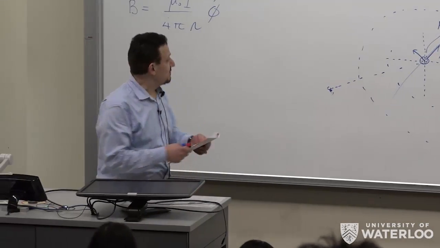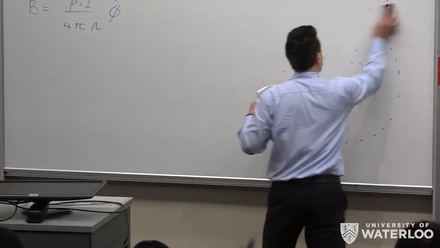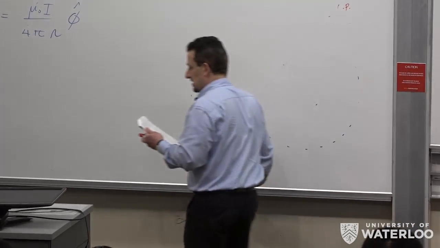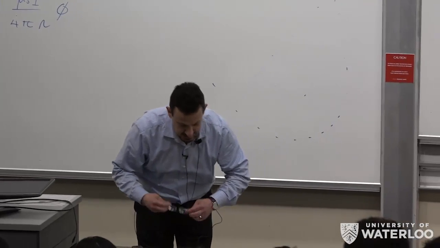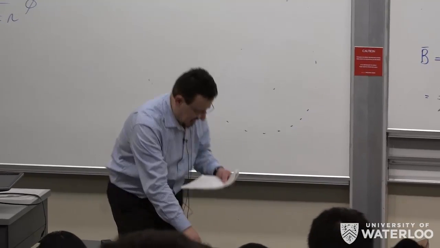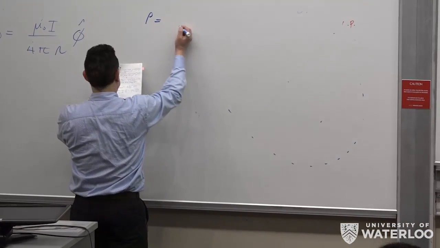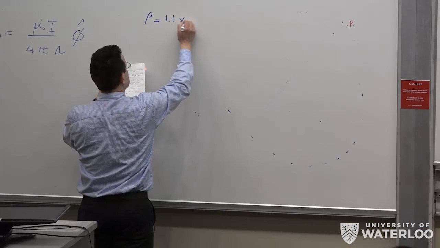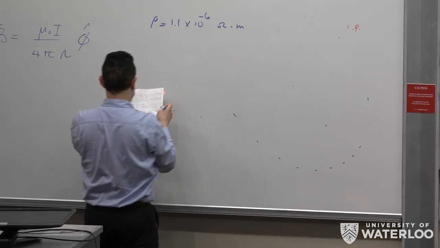Before I give you a feel of what is happening here, let's have a quick example. I have a material with a resistivity of 1.1 times 10 to the minus 6 ohm meter. This is the resistivity of a wire.